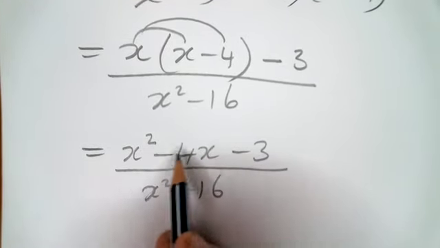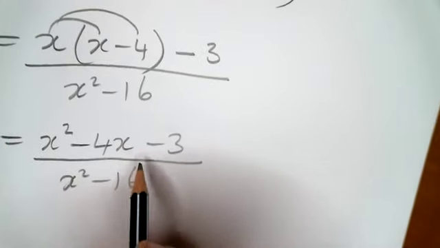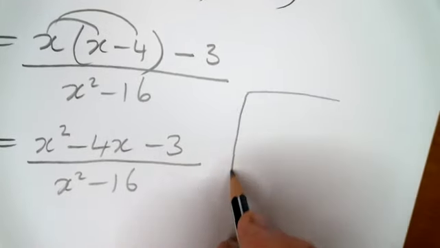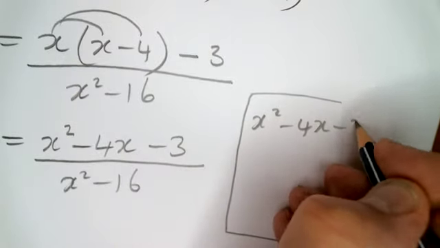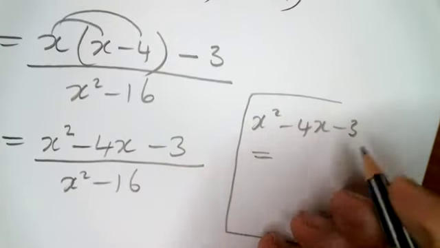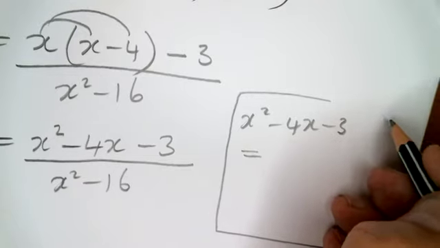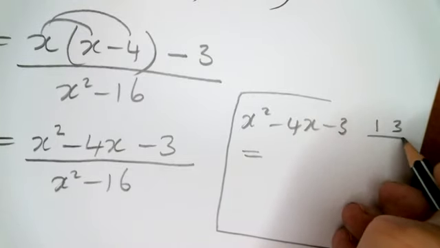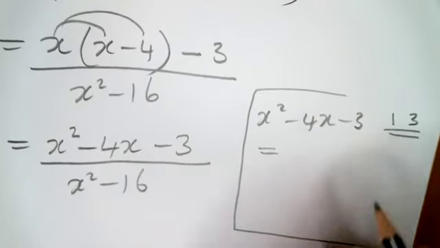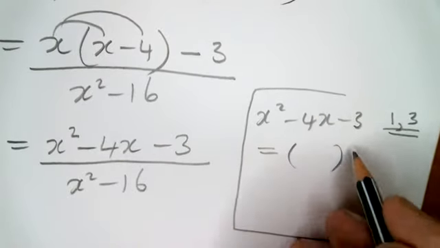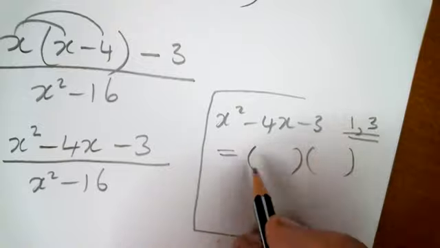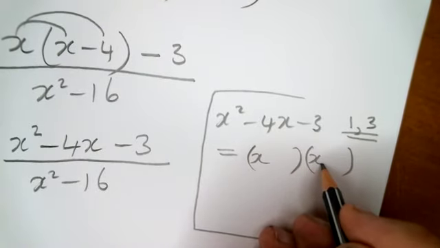Because if I expand this, and I take this as a quadratic, and I just put a little sidebar over here, we can say x squared minus 4x minus 3 is equal to, well, factors of 3 are going to be 1 and 3. That's all it is because it's prime. So it's 1 and 3, and we put the 2 brackets in, got an x here and an x here.